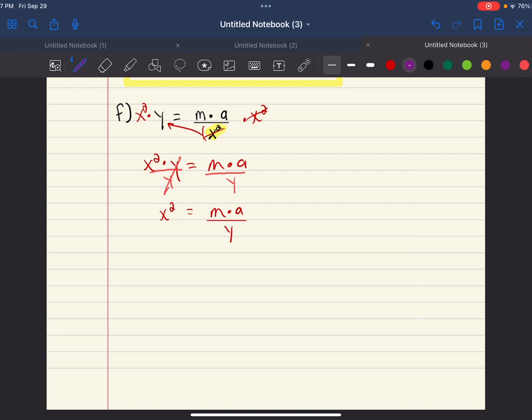And now, remember that one of the inverse operations of an exponent is to root. Whatever this exponent is will determine what kind of root we use. In this case, because it's a square, we're going to square root both sides. And then that's going to give us x is equal to the square root of m times a over y.